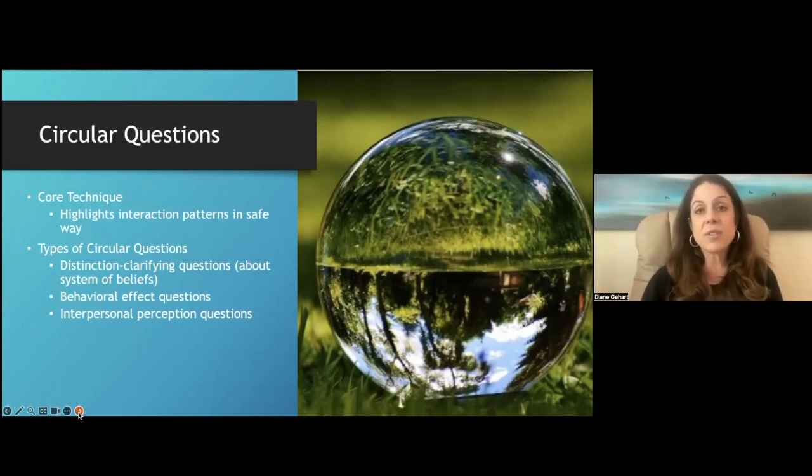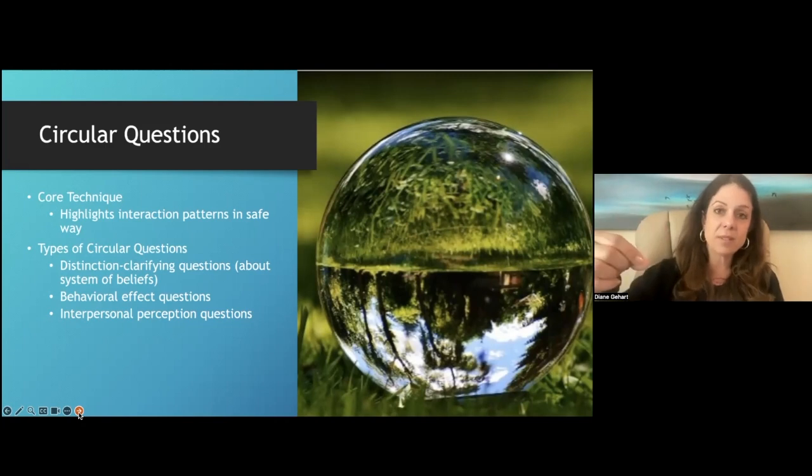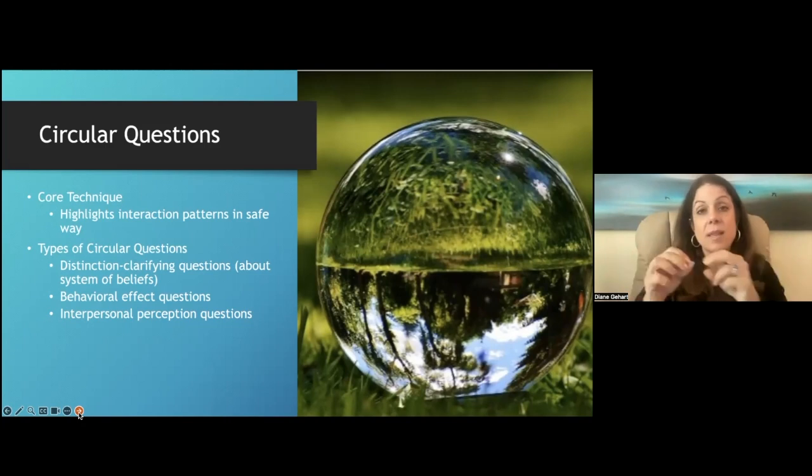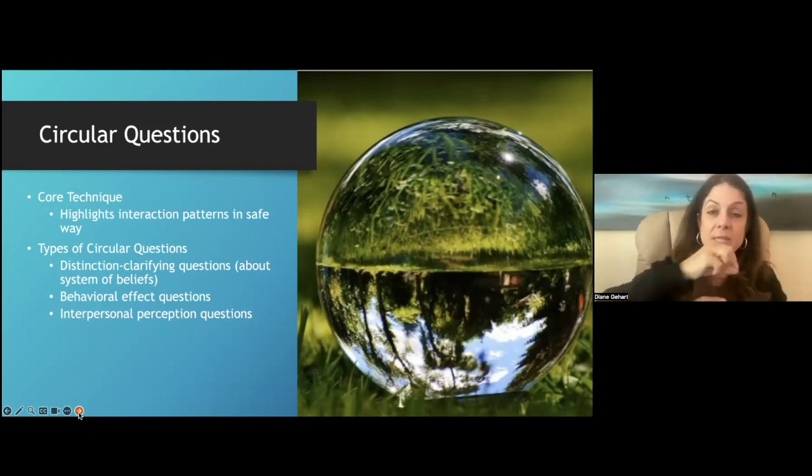Behavioral effect questions: when person A does this, person B interprets it in a way that makes them have the opposite, usually complementary pattern, and understanding those dynamics and connecting those dots.